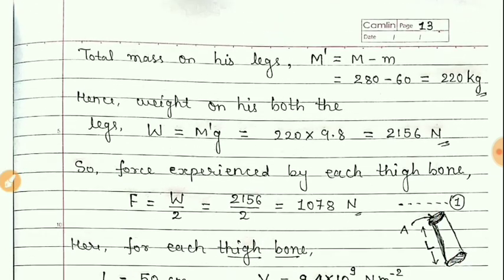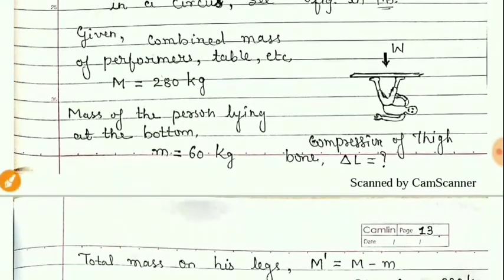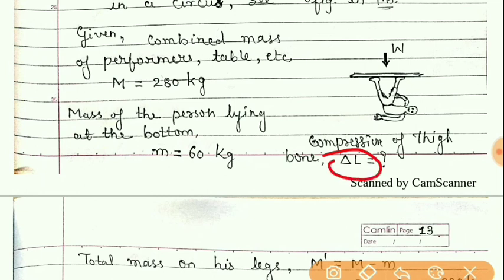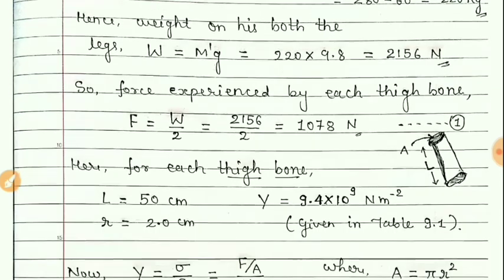Now what do we have to find? We have to find the change in the length of this thigh bone, because due to this weight the thigh bone will experience compression. So there will be a compressive strain, and the length of the bone will decrease a little, and that we have to obtain.